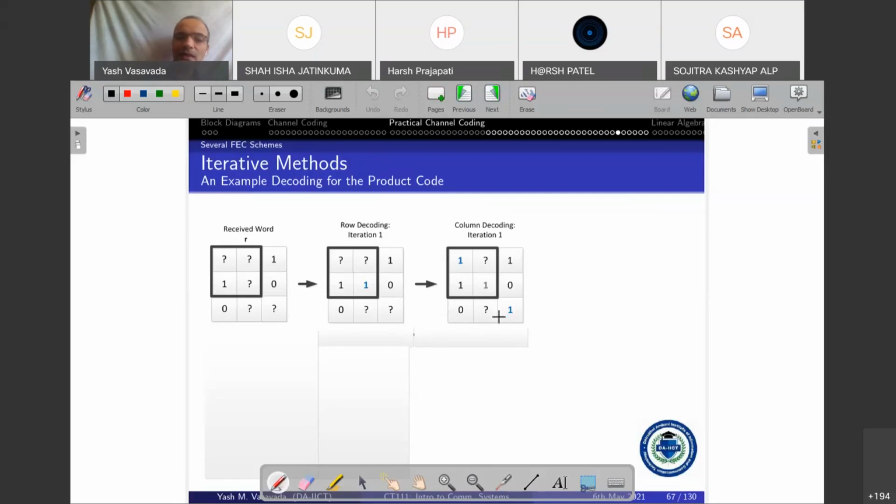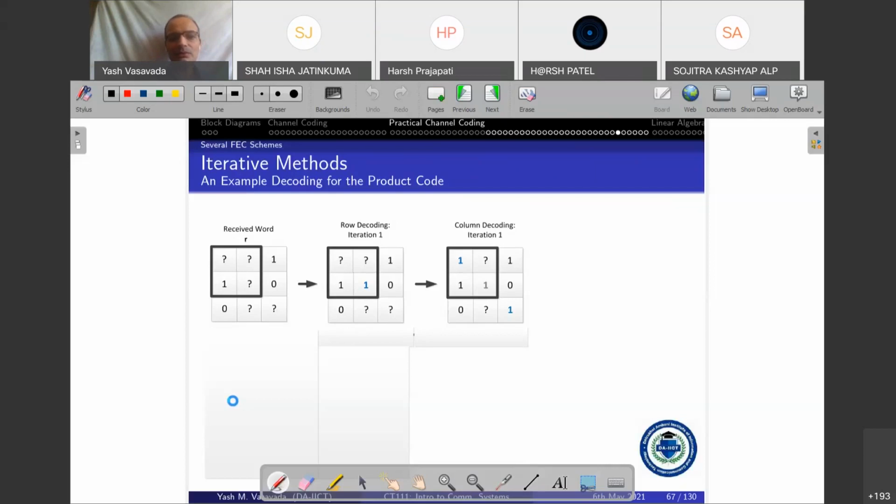So now it will go to the second iteration. Now it will do row by row again. So when it does the first row, does it have any chance? Yes, 0. Second row is already done, so it doesn't have to work with the second row. Third row, 1.